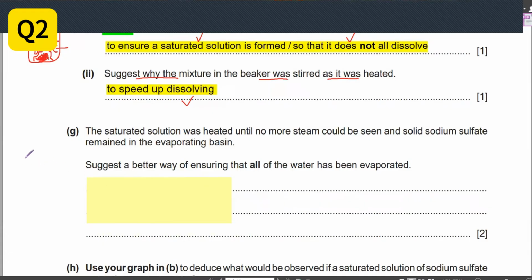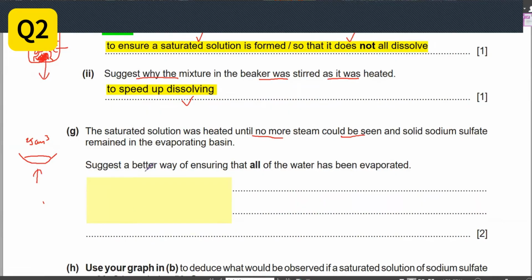So the saturated solution: once we are done dissolving, we will pipette out 25 cm³ to put in the evaporating dish. Then we will heat until no more steam can be seen, because we want to make sure we remove all of the water.